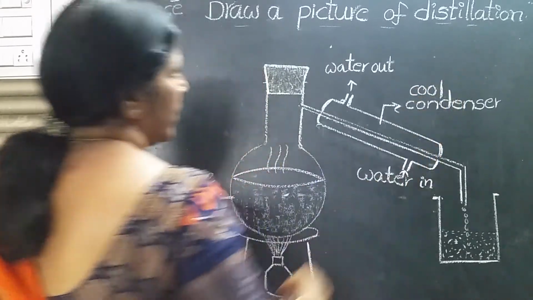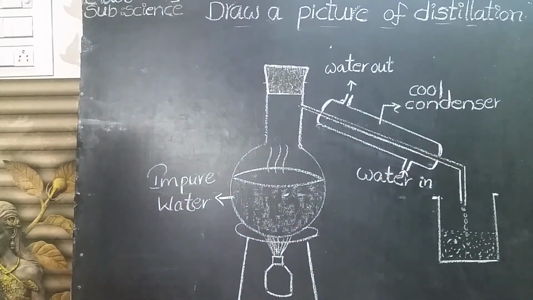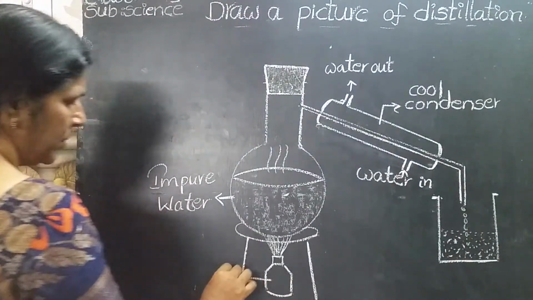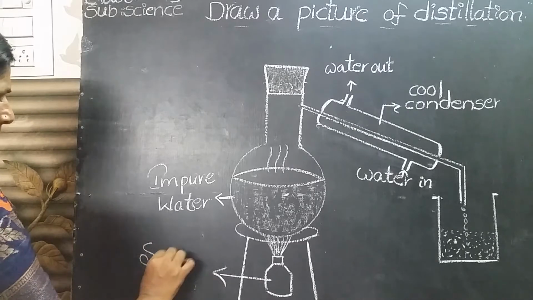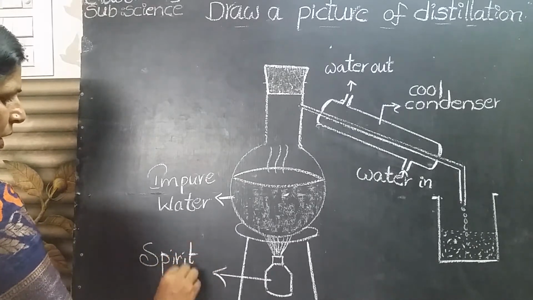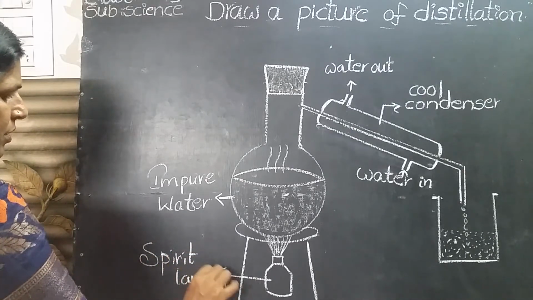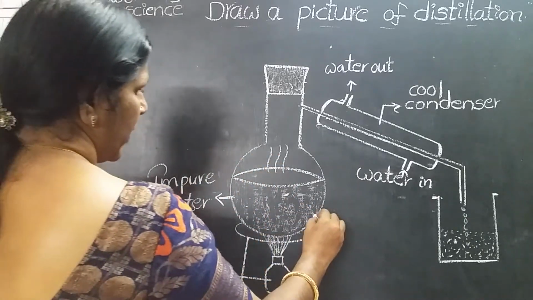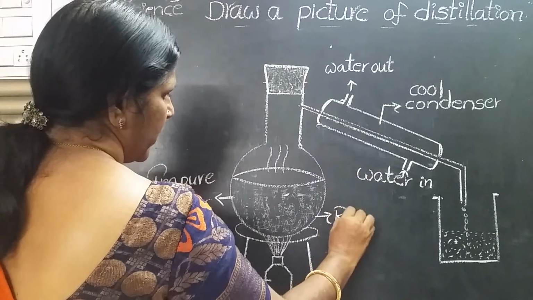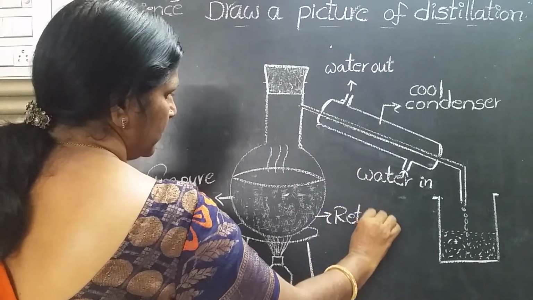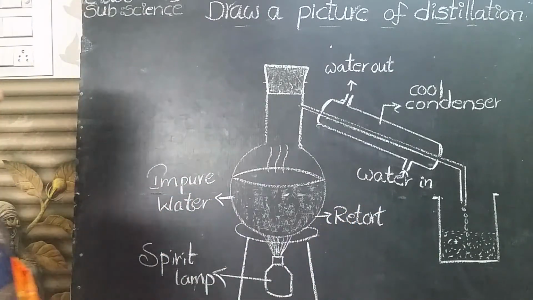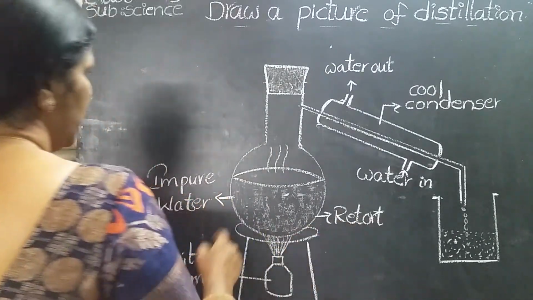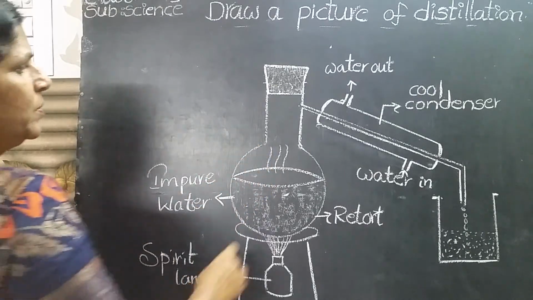Cool condenser, right. Yes, this is the stand, this is the spirit lamp. Spirit lamp for supplying heat. This is the round bottomed flask, the retort. Right, retort. Impure water, steam.